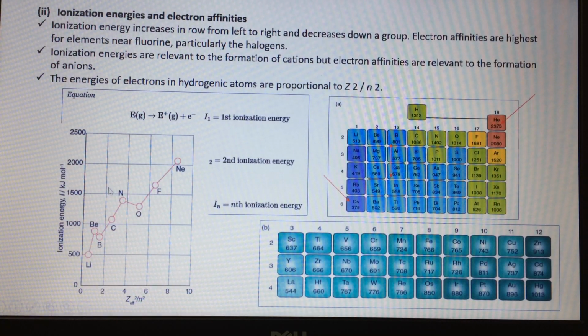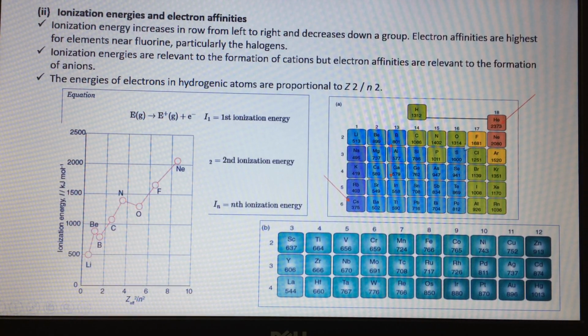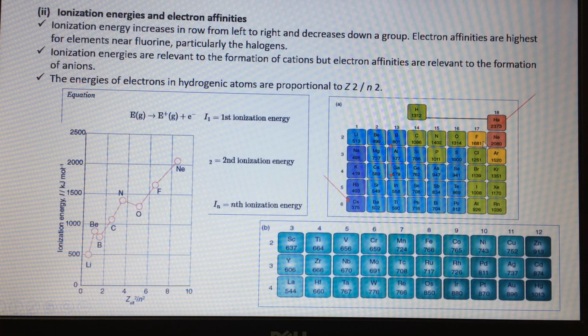So this is also evidence for the increase in ionization energy from left to right.